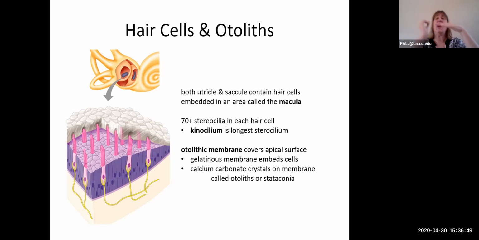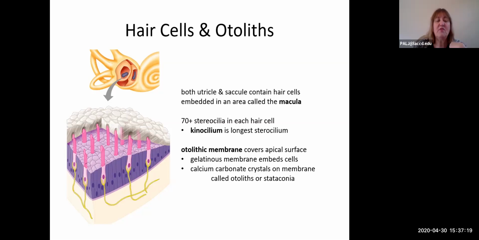And then sitting on top of the jello, there's a whole bunch of microscopic calcium carbonate crystals. These crystals are known either as otoliths, which basically oto is ear, lith is stone, so little ear stones, or they're also known as statoconia because the otolithic membrane was previously known as the statoconic membrane. But I think otolithic is just a lot easier word than statoconia.